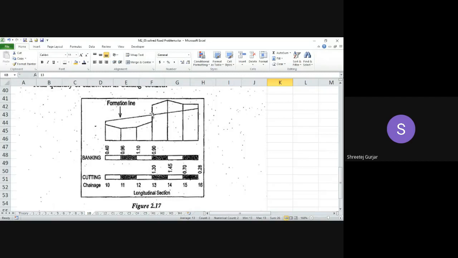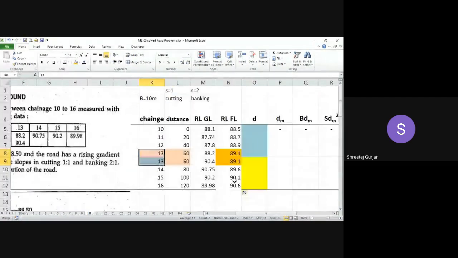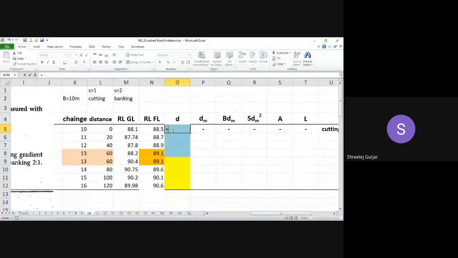We have only 1 formation point, but 2 ground levels. So while writing in a tabular column, you have to write 2 ground levels, but only 1 formation level. That is what we have done over here, 89.1.